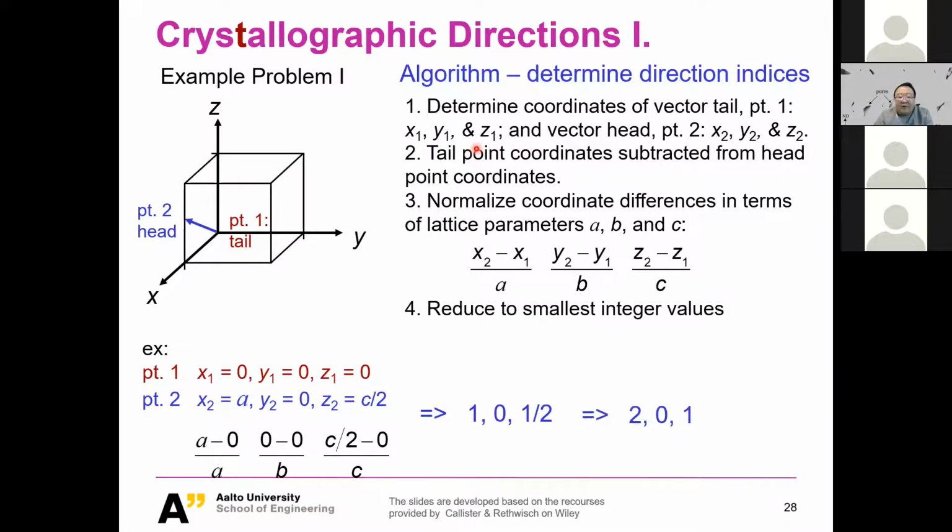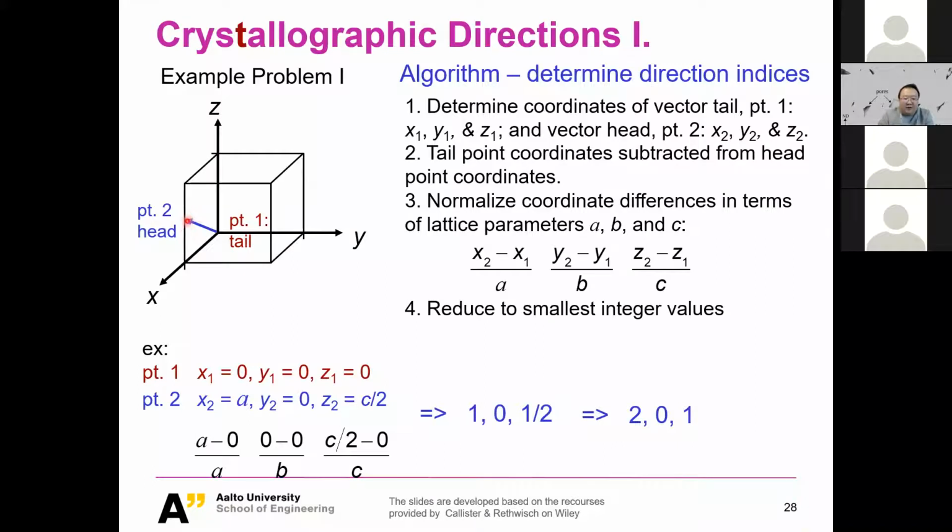After this practice, you will not only get a point coordinate, you will also get a direction coordinate. For a direction coordinate, what we need first is the point coordinate. How do we do that? We start with the origin. This is the tail point, point 1. And we find the point coordinate of the second point.